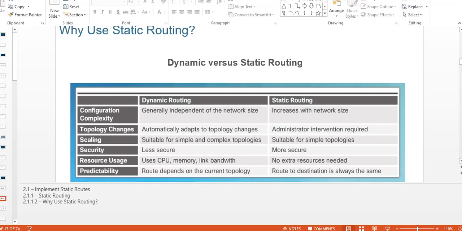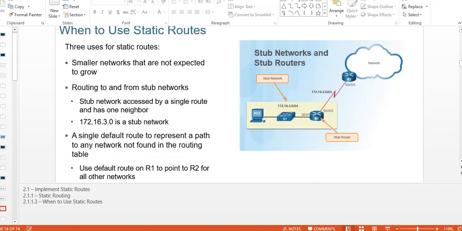Say you have 50 routers, or even 2 routers but 50 or 70 networks. If you're not careful, you have a problem. On topology changes, dynamic routing protocols will immediately adapt, but with static routing, the administrator must tell the router where to find the networks.